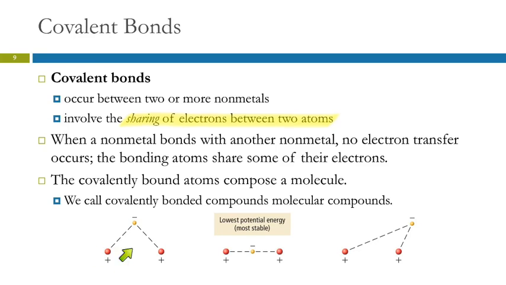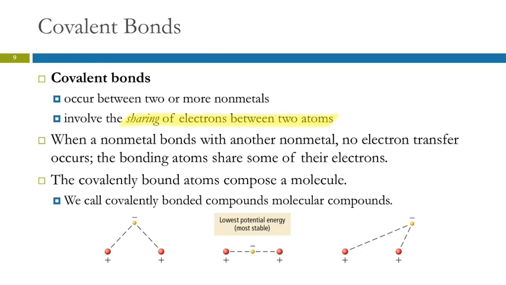And here we have a representation where these little red circles are the positive nuclei of two atoms. If the electron is over here, they're both attracted to the electron, but that doesn't pull the nuclei closer together. If the electron's over here, they're both attracted to it, but that doesn't bring them together. We have the lowest potential energy, the most attraction, when the electron is between those two nuclei.